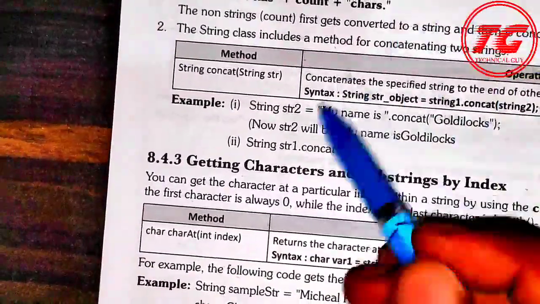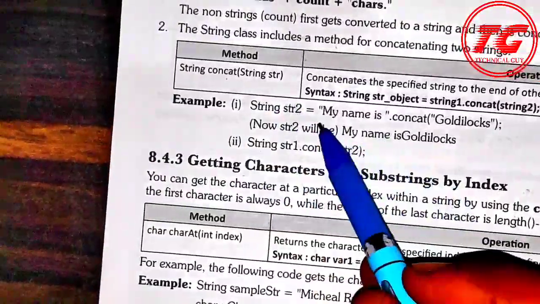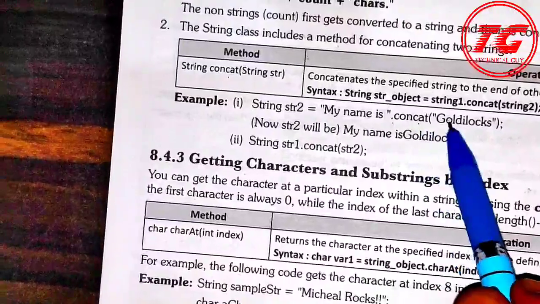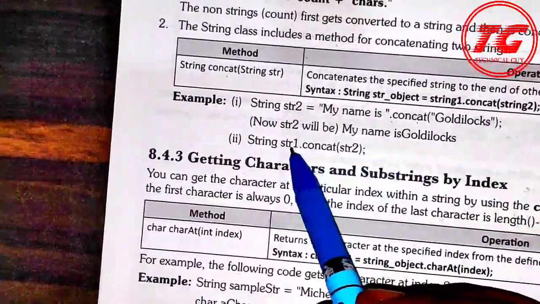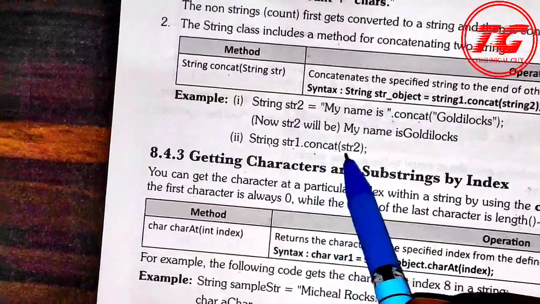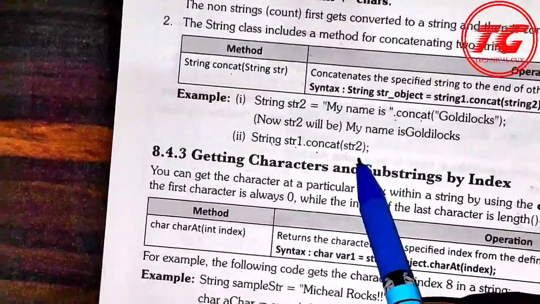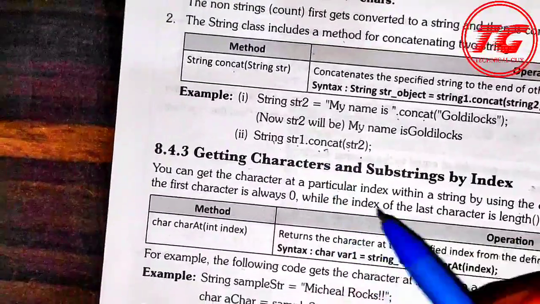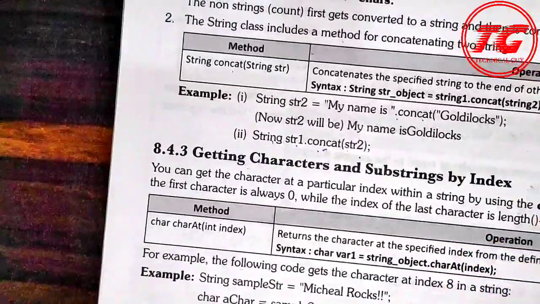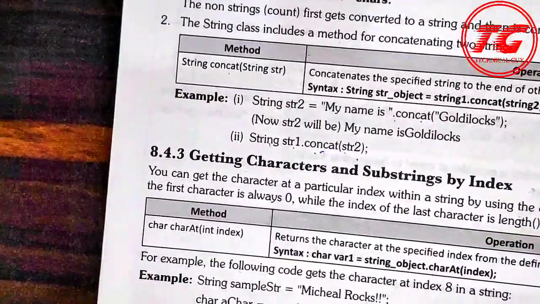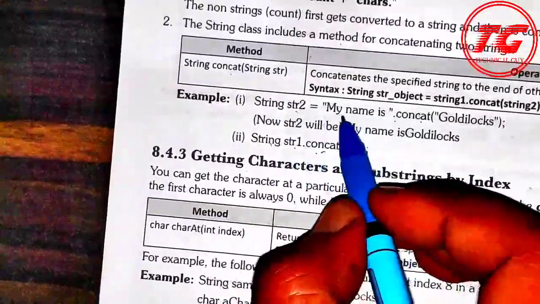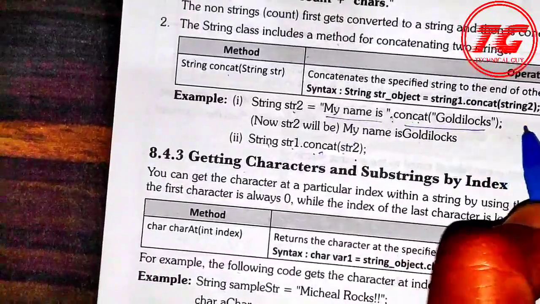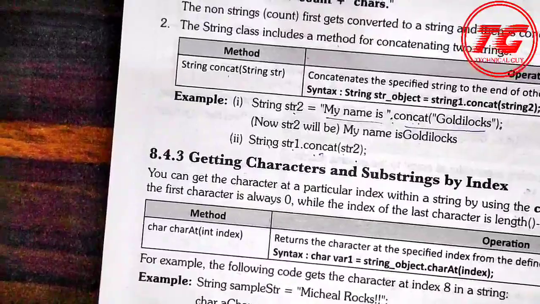Here is an example of the concat method. Here we have string 1, so this is str1 dot concat, this is string 2. Here is str1 dot concat str2. So you can use the concat method with strings, or you can use it in chaining. Chaining means the first string is there, dot concat, this string is there, then again you can put dot concat, give another string, dot concat.